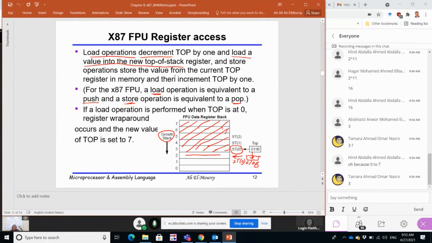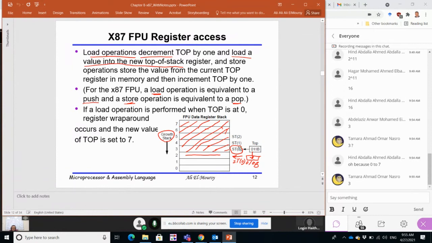Now, if I use the load instruction. What's the load instruction? It is the instruction to load data from the main memory to the floating point registers. The load instruction automatically does a push into this stack of registers. So what will happen automatically?